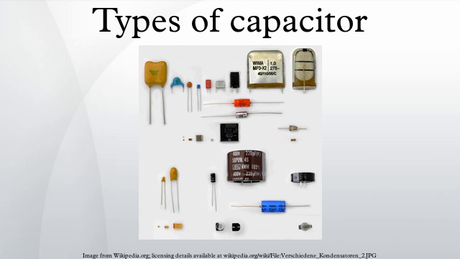All properties can be defined and specified by a series equivalent circuit composed of an idealized capacitance and additional electrical components which model all losses and inductive parameters of a capacitor.